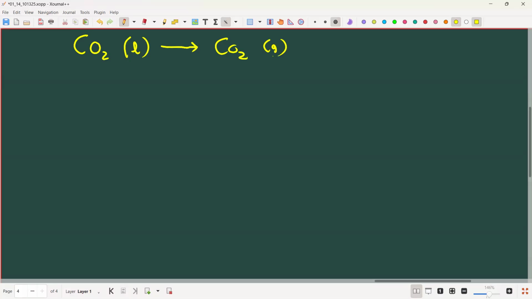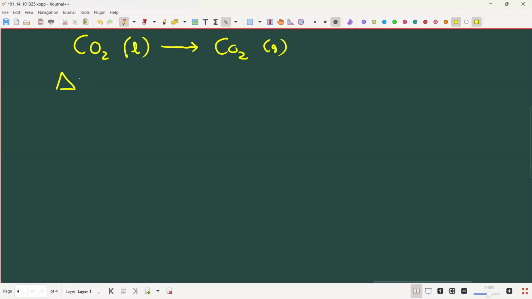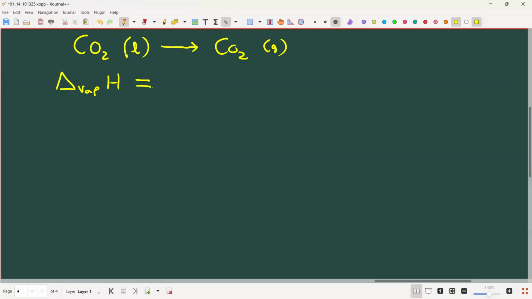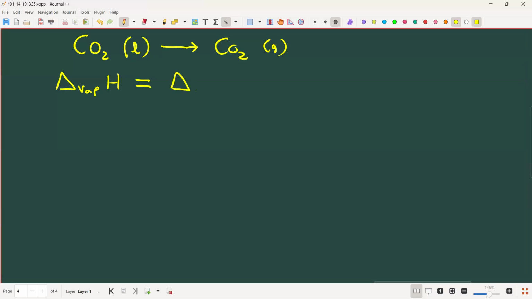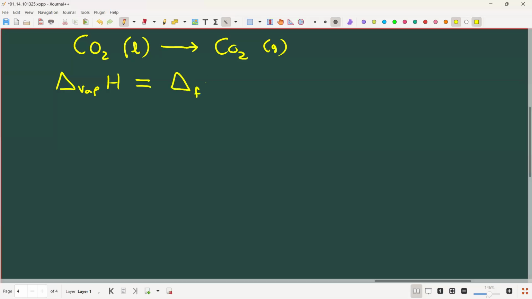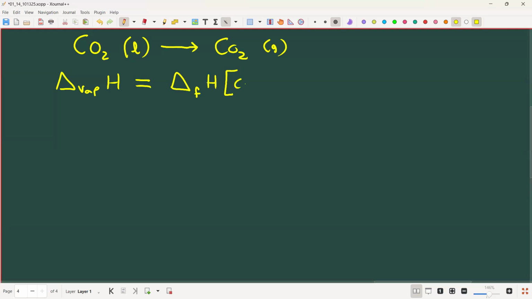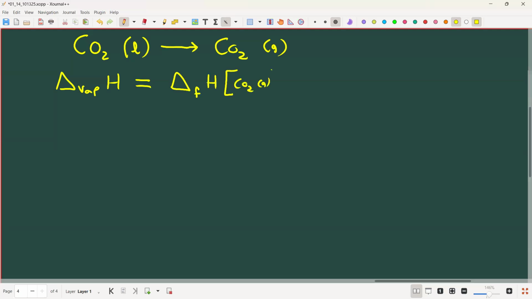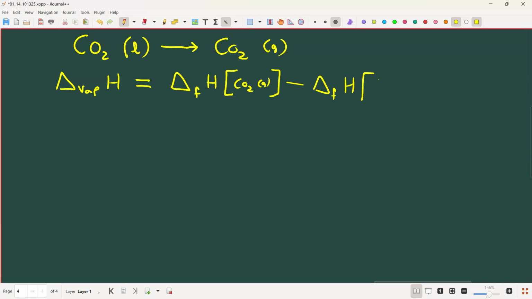We can calculate an enthalpy of vaporization for this process at room temperature. And how do we do that? Well, all we have to do is take the enthalpy of formation for CO2 gas and subtract it from the enthalpy of formation for CO2 liquid.